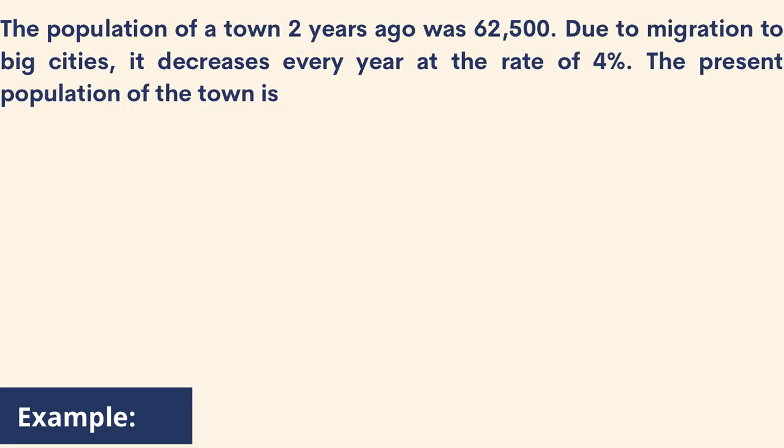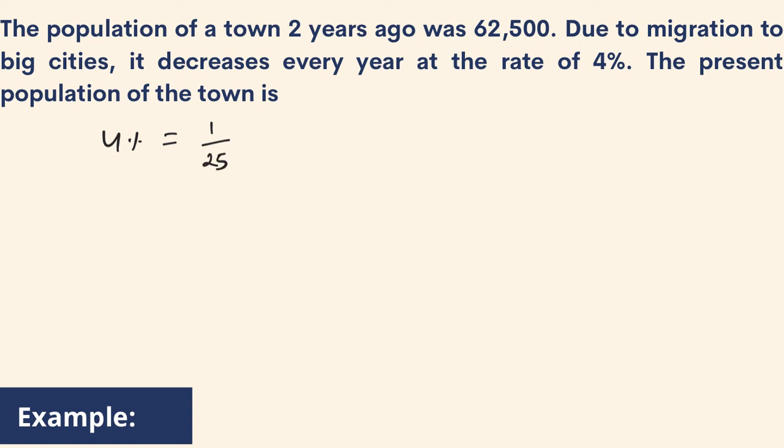Let's see this example. The example is saying the population of a town 2 years ago was 62,500. Due to migration to big cities, it decreases every year at the rate of 4%. The present population of the town is, so rate is given for 4%. So I can write in fraction, that is 1 by 25.